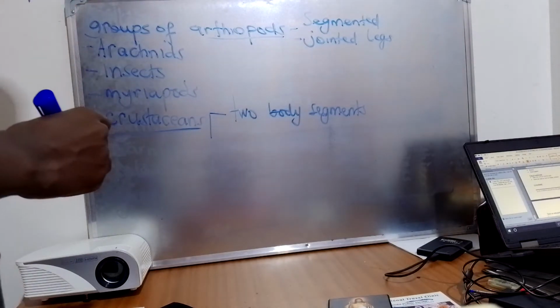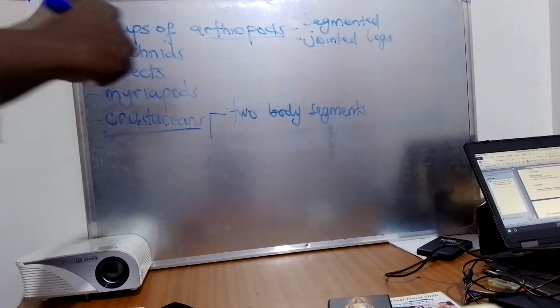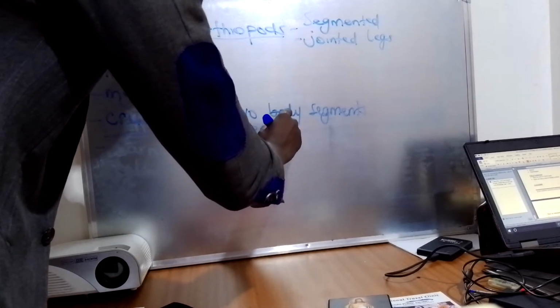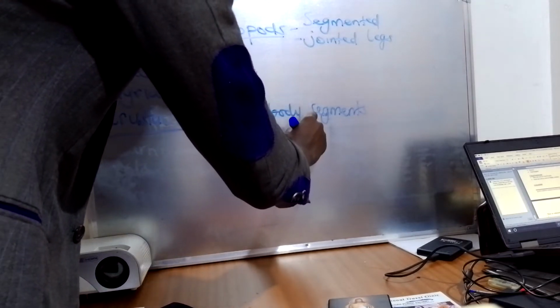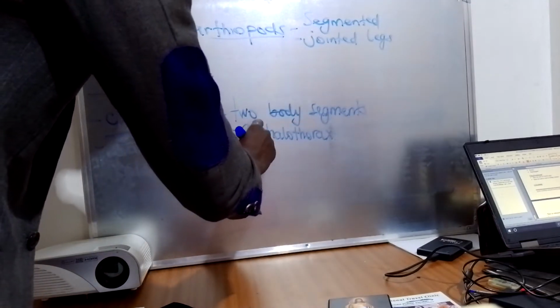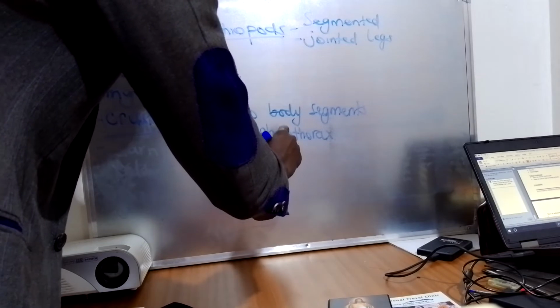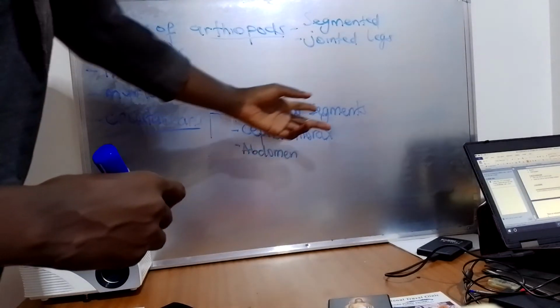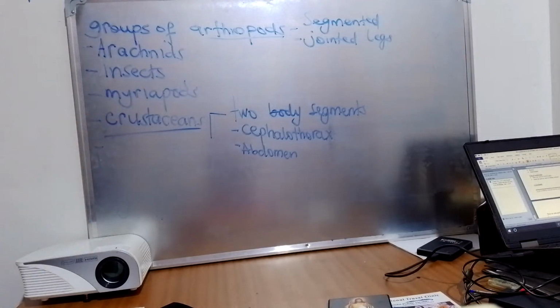These body segments are the cephalothorax and the abdomen. These are the 2 body segments that form the body of a crustacean.